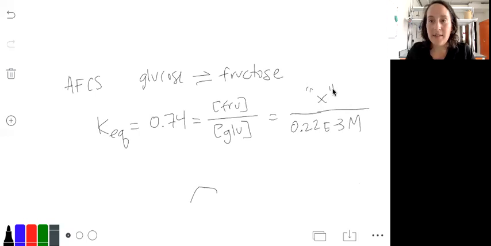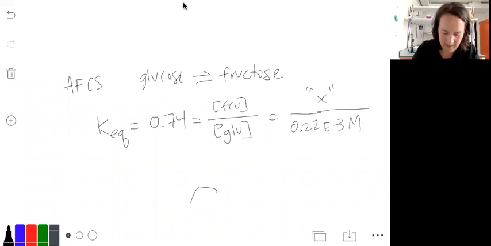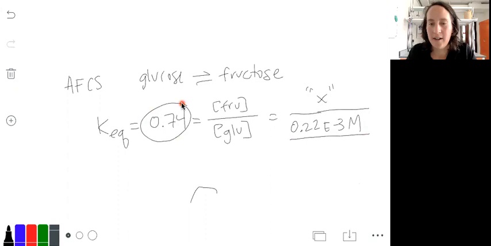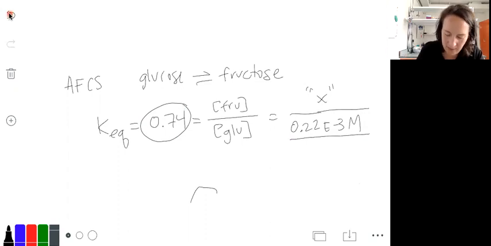So this just seems like a pretty straightforward multiplication issue where we're going to take our value here in molar and multiply it by our equilibrium constant, and that'll give us X. So you can crunch those numbers and solve for X that way.